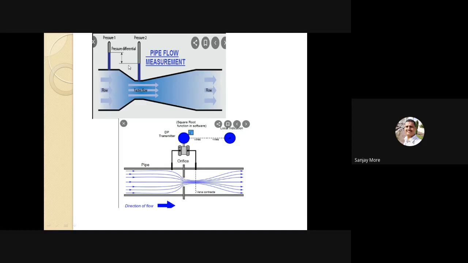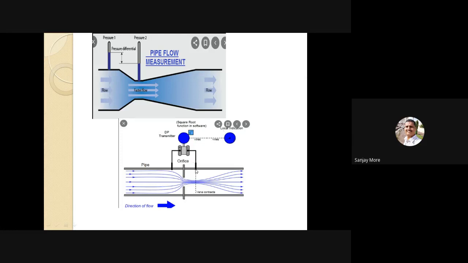Here differentials are used and here orifice plates are used. See the volume of this pipe, then here an orifice plate, and here a differential pressure transmitter is used, and here an indicator is used to display the pressure. With the help of these wires and meter, the differential pressure is transferred.